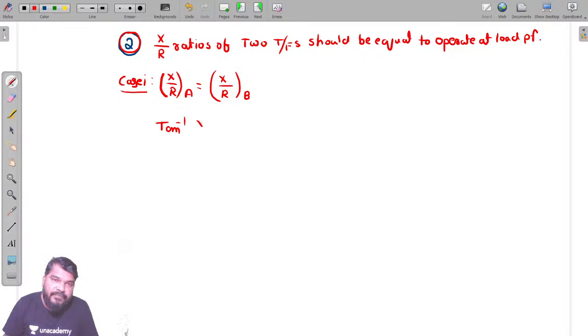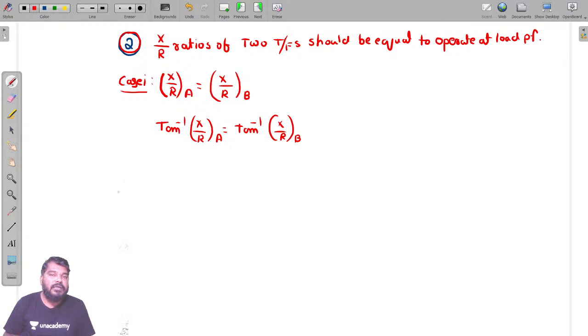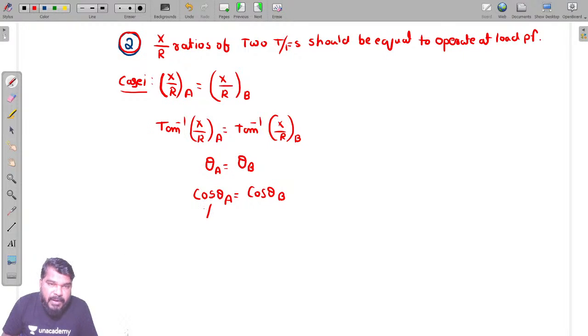The tan inverse of X by R of transformer A is equal to the tan inverse of X by R of transformer B. So theta A is equal to theta B. Taking cos on both sides, cos theta A is equal to cos theta B. That is the power factor of transformer A, and this one is the power factor of transformer B.